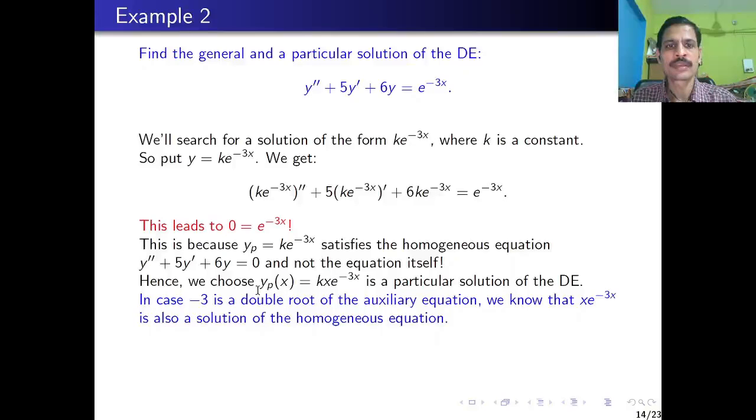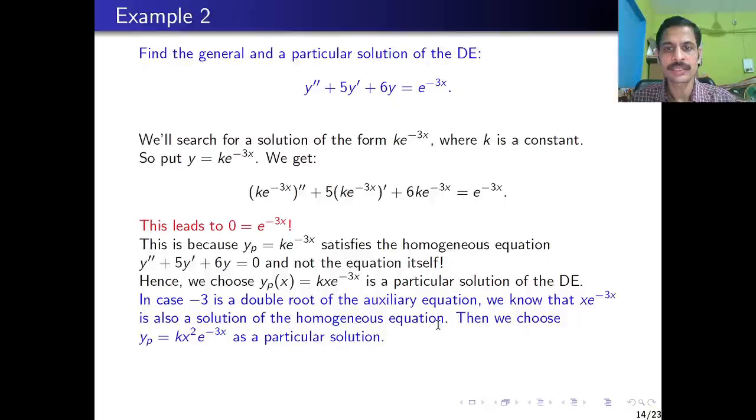So here yp(x) is taken to be kx e raised to minus 3x. If minus 3 would have been a double root of the auxiliary equation or the characteristic equation of the associated homogeneous equation, then we know that x e raised to minus 3x would have been also a solution of the homogeneous equation.